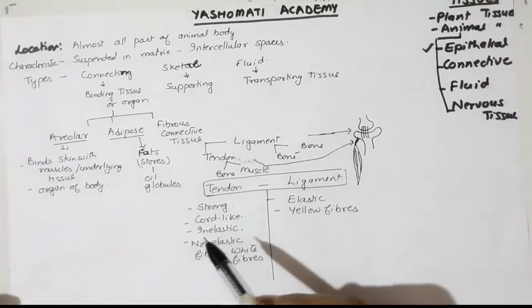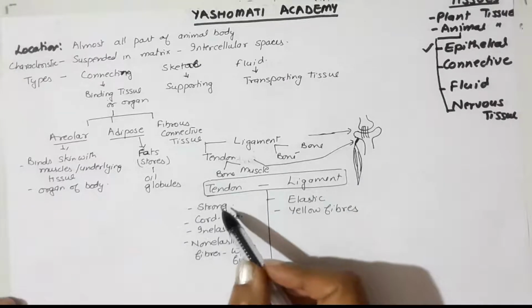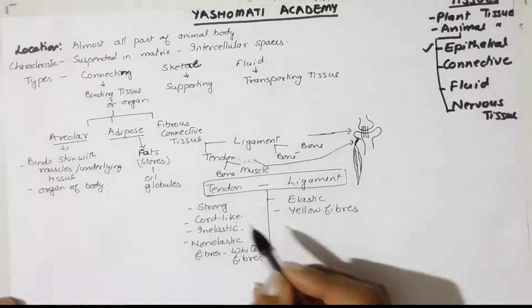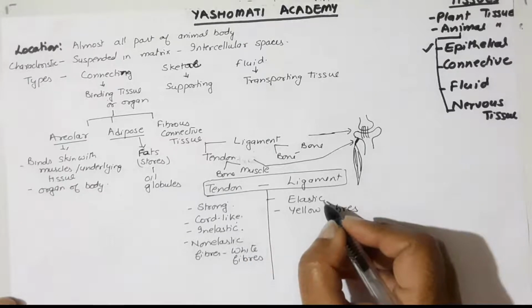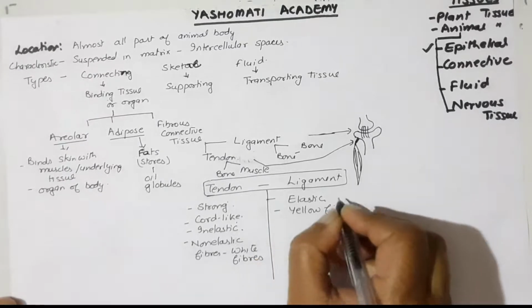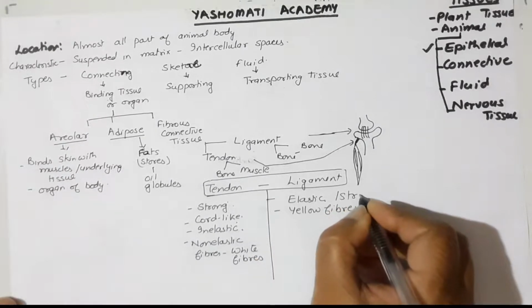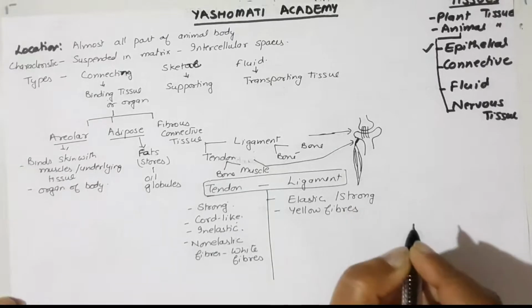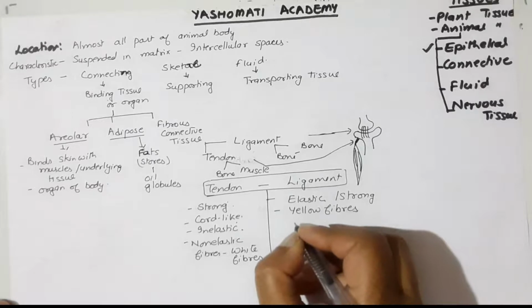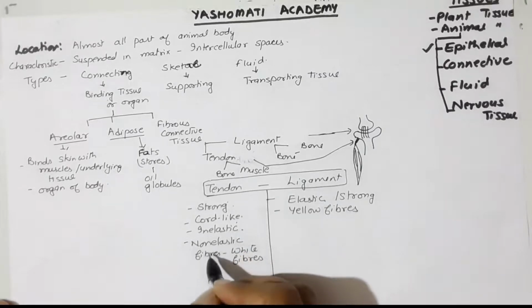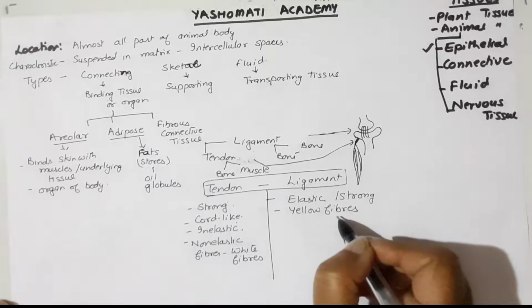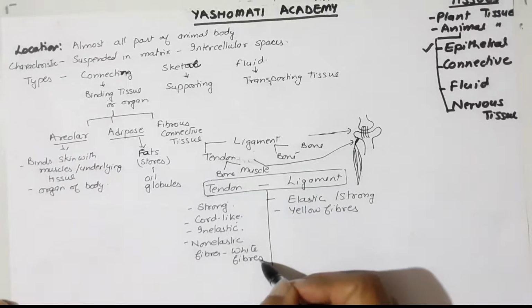So the characteristic feature is that tendons are strong and inelastic, whereas ligaments are elastic, yet they are strong also. They don't break very easily. They have strength, but they are elastic in nature. Ligaments are formed of yellow fibrous tissue, and tendons are formed of white fibrous tissue.